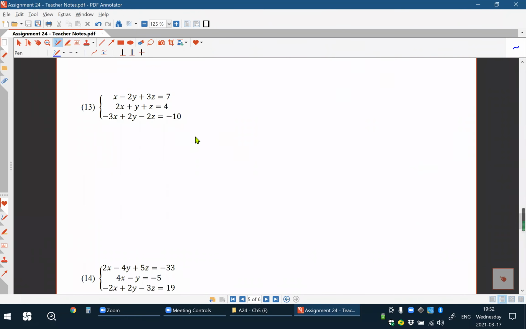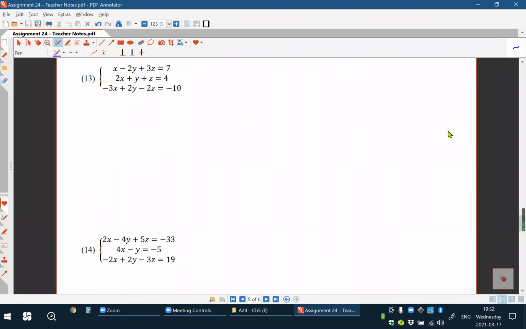Okay, questions 13, 14. The systems with 3 variables, right? As I said, when you have 3 variables, you need to reduce the number of variables to 2 variables. And from there, you can use the same method we use to solve the 2 variable linear systems.